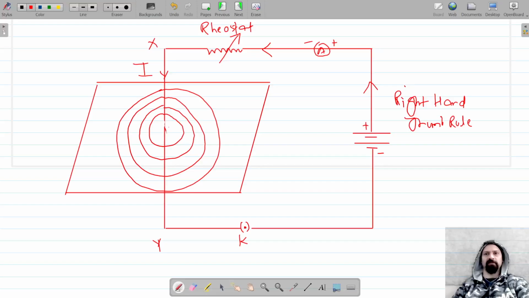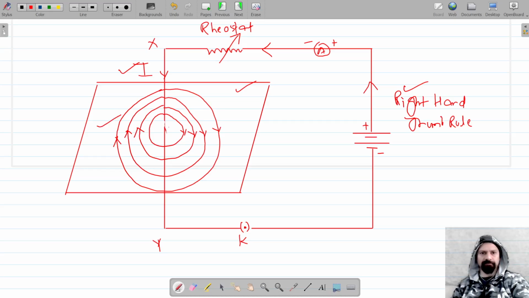So the current is coming down in this conductor, so the direction of magnetic field lines will be given by the direction in which the fingers curl. If this is a horizontal sheet of paper, then the fingers are curling in this direction. So this is the direction of magnetic field lines.